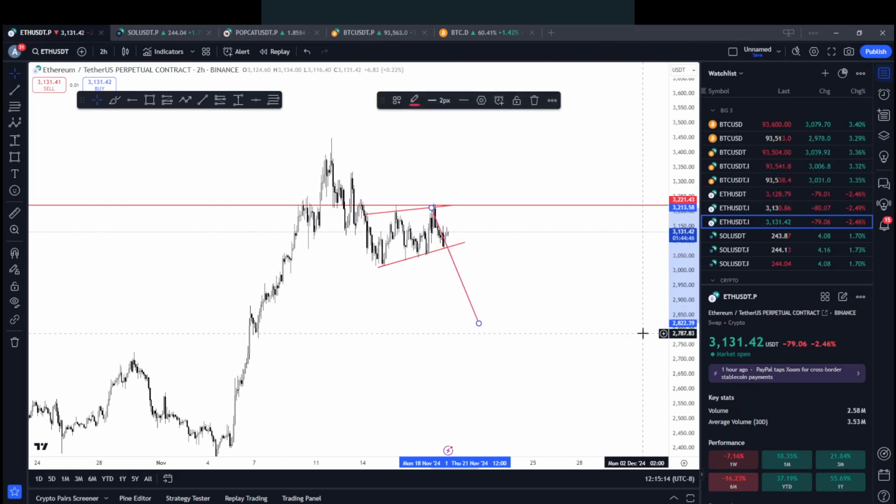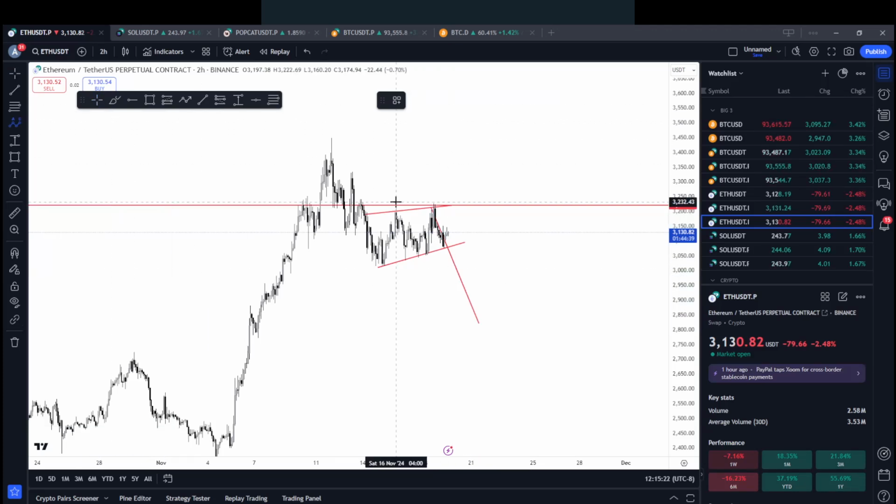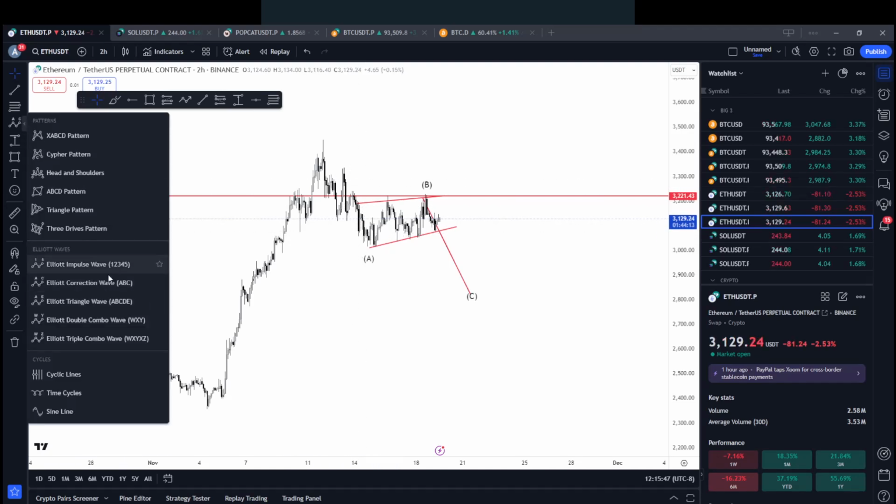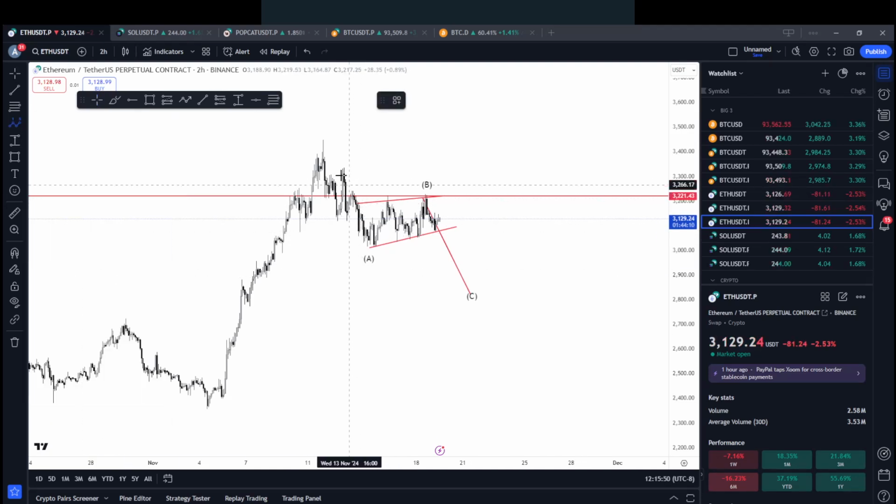Or you could see this as a slight corrective ABC. And I don't really get into Elliott waves, but here's the impulse up, right? Here was the last higher high, and then it made a lower low. So if this is going to be something like A, B, C, everything ties up with a move down to 2,850, right?